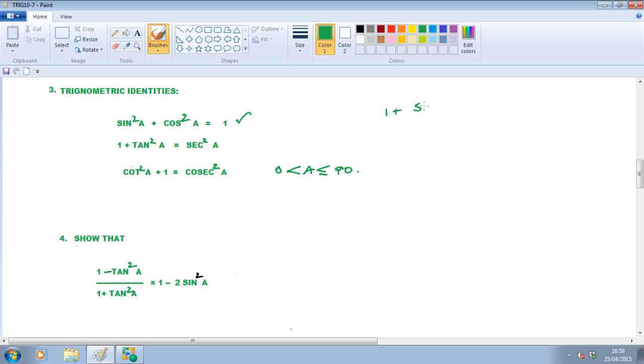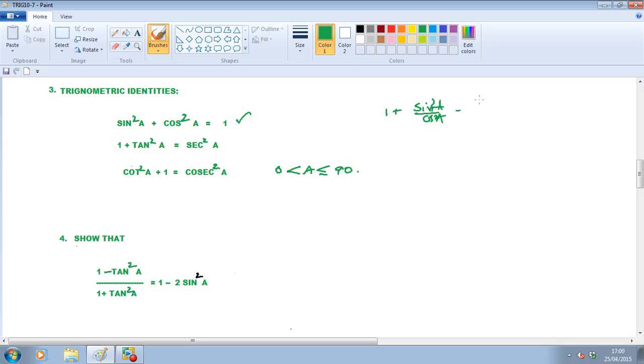If you write 1 plus sin square A by cos square A, then if you take a common denominator, cos square A plus sin square A divided by cos square A, and sin square A plus cos square A is equal to 1.